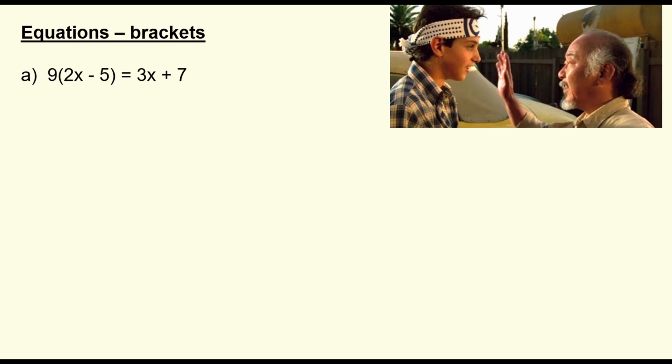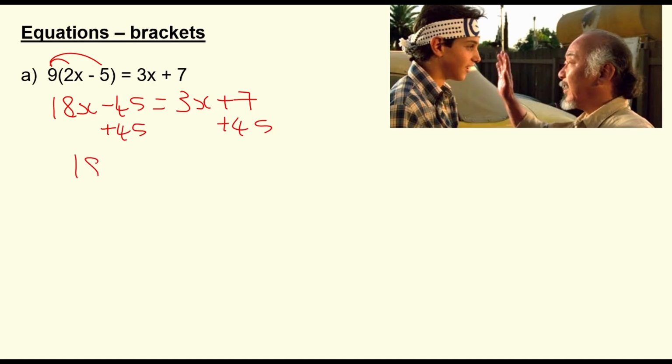Right, so let's expand this out. I've got to do that and that. So 9 times 2x gives me 18x minus 45 and 3x plus 7. Right, so we're ready to go just like we were before. Step number 1, get rid of a number. I'm going to get rid of the 45 because I don't like negatives.